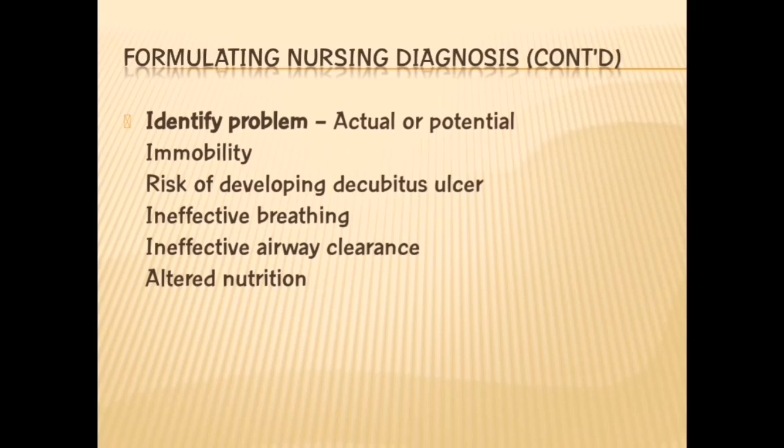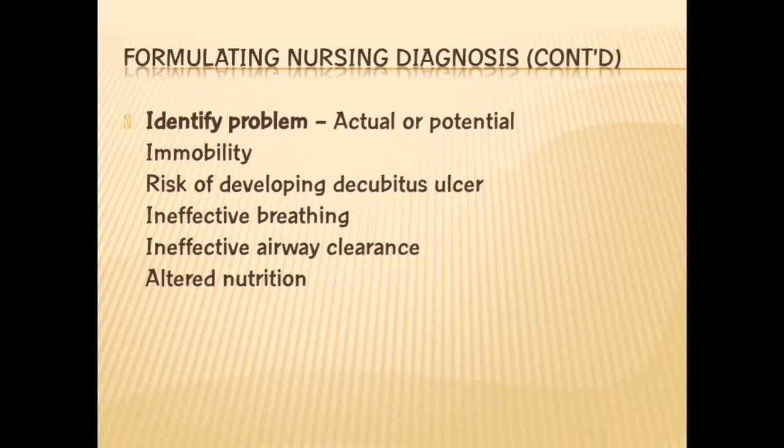Is it actual or potential? Because the patient has weakness in the limbs, the patient cannot walk, so immobility is an actual problem. But because of the immobility, the patient might develop pressure ulcers, risk of developing decubitus ulcers.